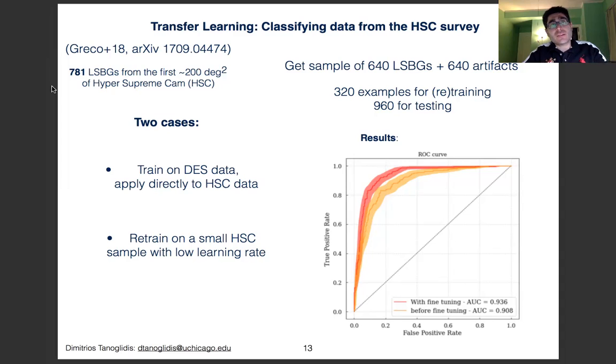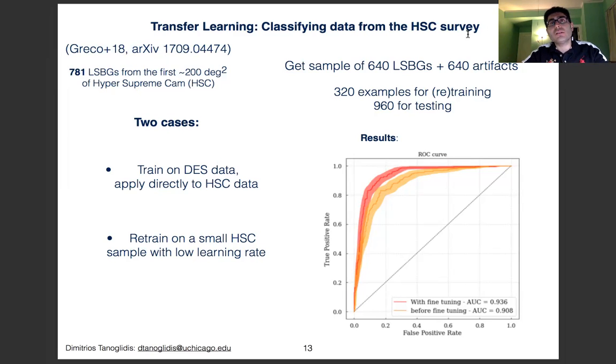And to test if we have hopes for this to be possible, we used data from the Hyper Suprime-Cam that had released a catalog of almost 800 low surface brightness galaxies. And we also asked the authors to give us some of their false positives that were not released, and we really thank them for allowing us to use them.